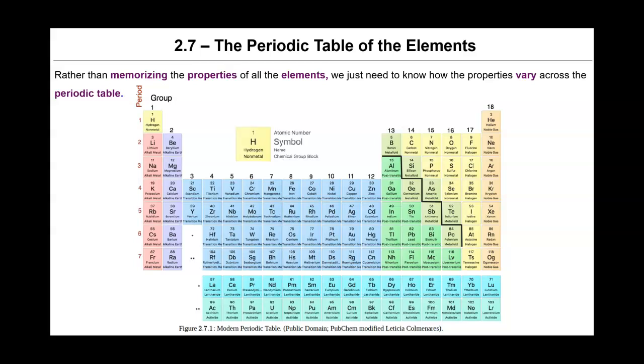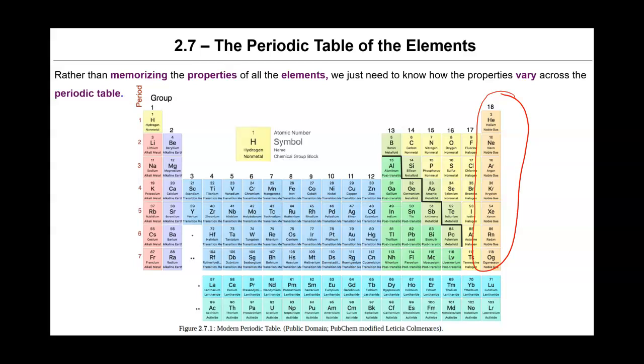So the cool thing about Mendeleev's table is because elements are placed near elements that have similar properties, we don't really need to memorize the properties of all of the elements anymore. We just need to know how the properties vary across the periodic table. So for example, if I'm looking for a gas, I know that all of the elements in group 8A are gases.